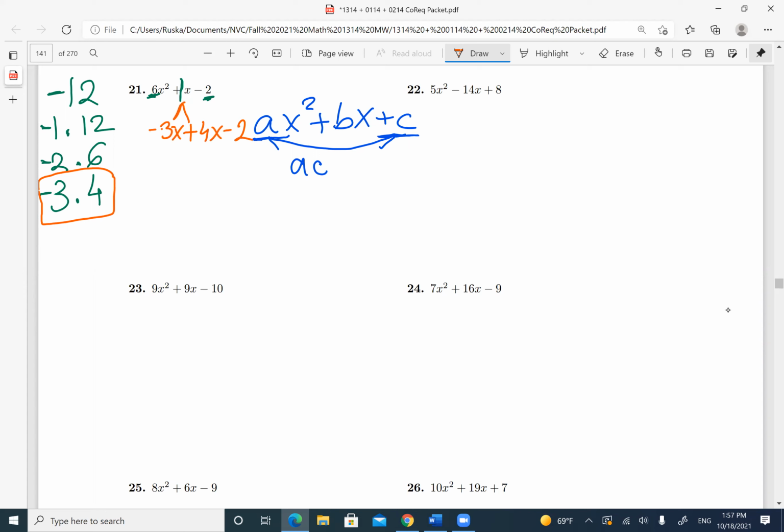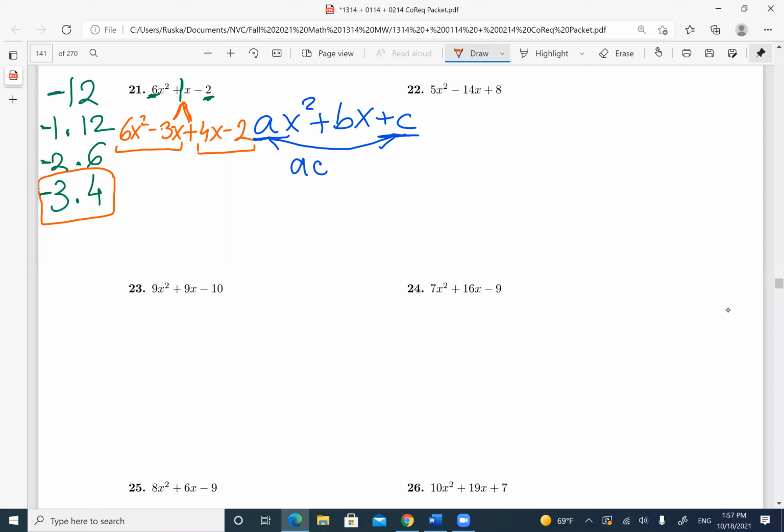And then bring everything down, negative 2, and also you have 6x squared in front. And then from here, you're going to factor by grouping. That's why it's called AC by grouping, because you split the middle and then you factor by grouping from there.